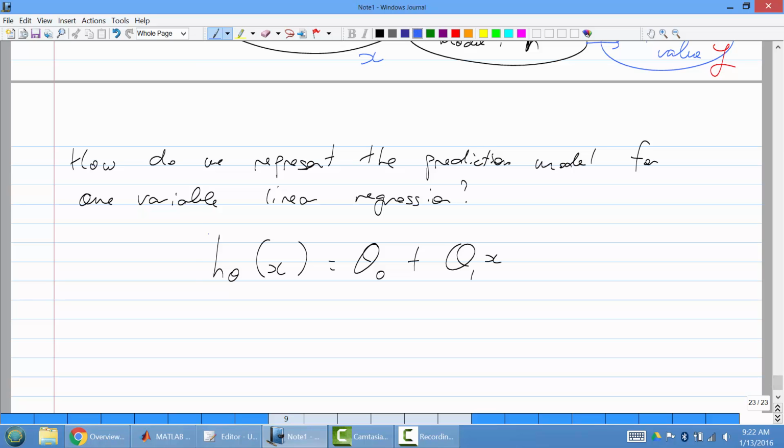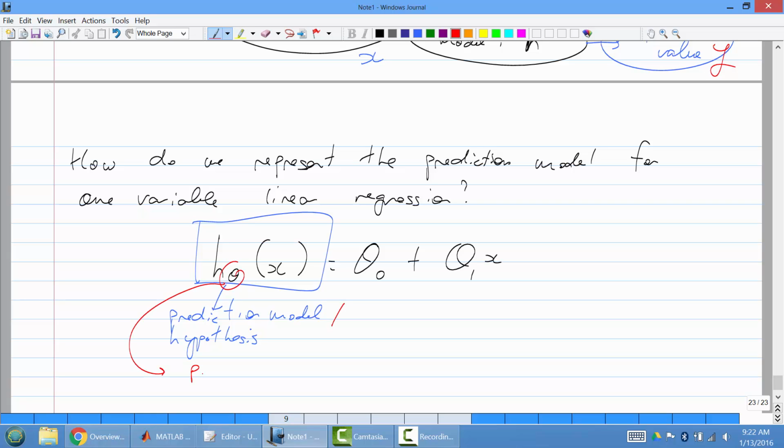So this is the prediction model, or the hypothesis. And what this means is it's parameterized by theta. That means you have a prediction model that is based on the slope and intercept that you found to fit the best line through those points.